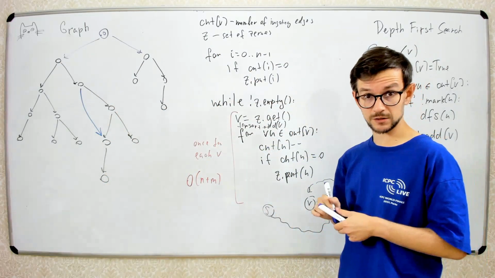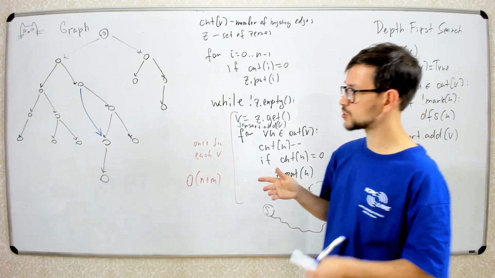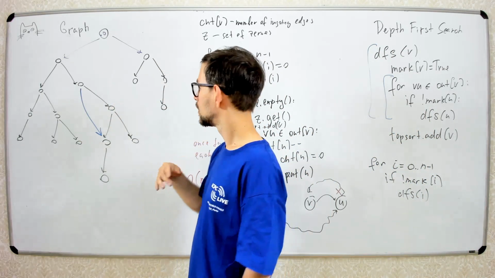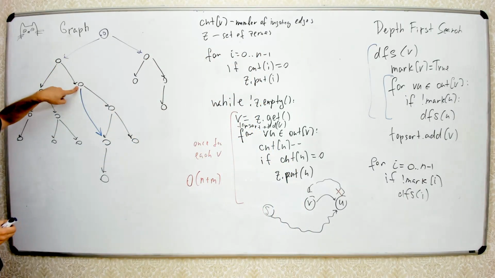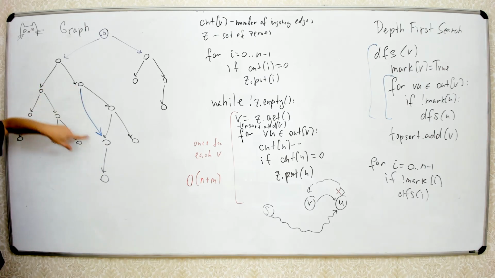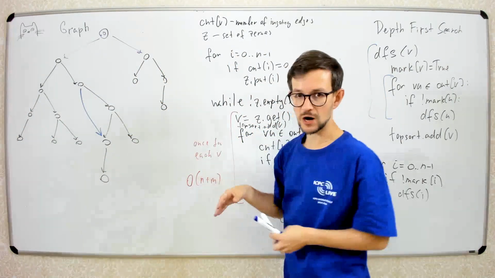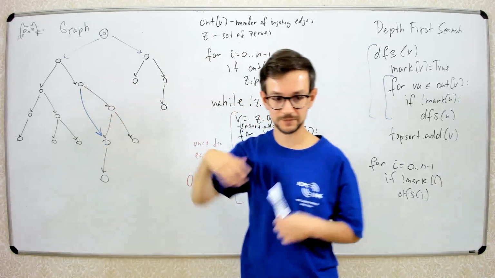Can we have an edge like this in our graph? Yes, it's possible to have an edge which connects some ancestor to some descendant in this tree. Look how it can happen. You start your depth first search from here. You go here, then you recursively first select this edge. So you go here, then you go back, and when you go back, you see this edge, but this node is already marked, so you don't use this edge. So besides these edges, in your graph you may also have an edge which connects some ancestor to some descendant.